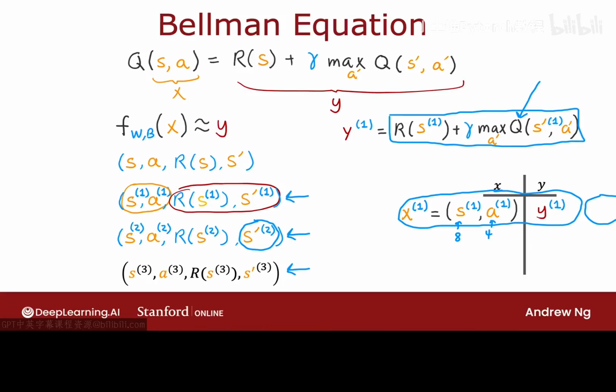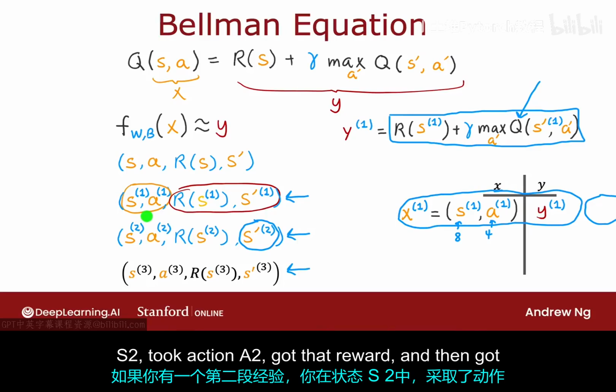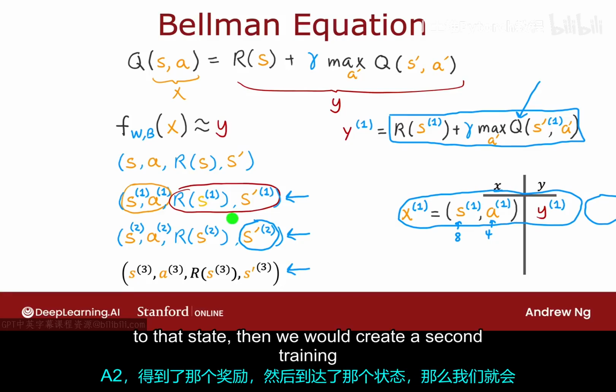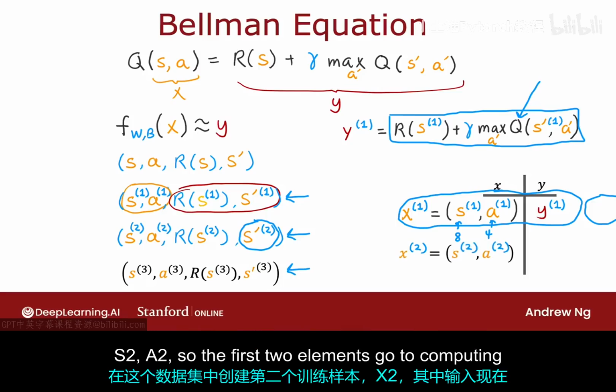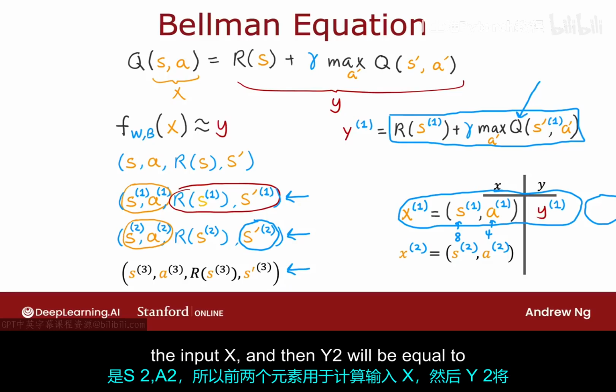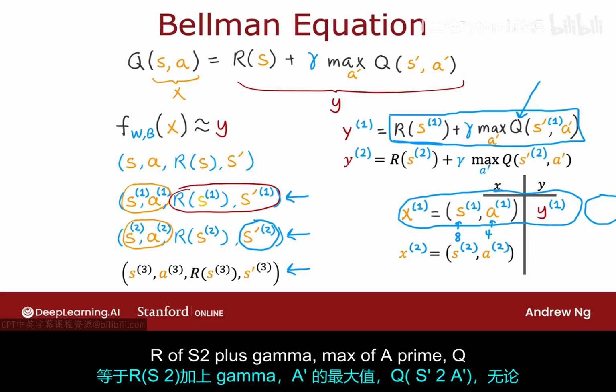Let's look at the second example. If you had a second experience where you're in state S2, took action A2, got that reward, and then got to that state, then we would create a second training example in this data set, X2, where the input is now S2, A2. So the first two elements go to computing the input X. And then Y2 will be equal to R of S2 plus gamma max over A prime of Q of S prime 2, A prime.